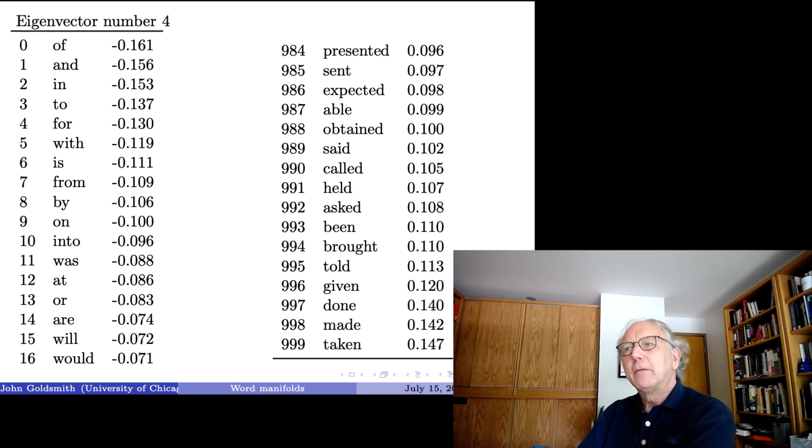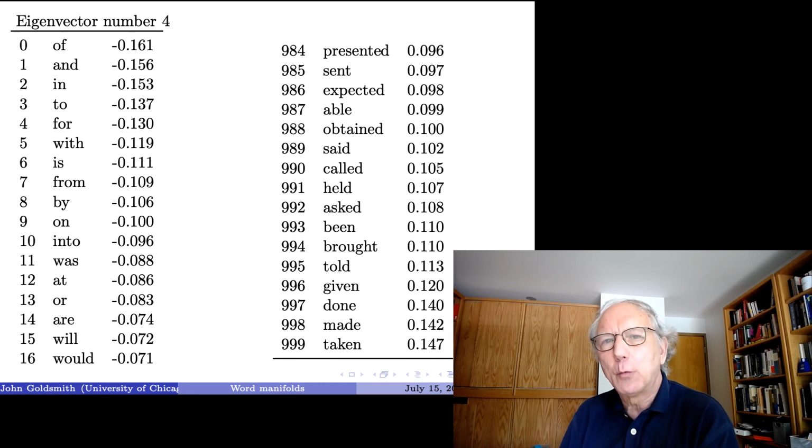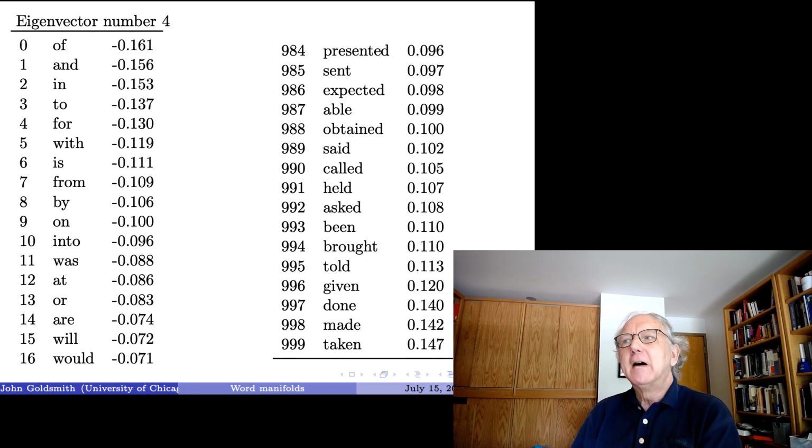Okay, so one of the problems that I started doing this to solve was, how do we find a way to automatically determine those words that syntactically have the same behavior as ed suffixes? And so here in eigenvector number 4, this decomposition is suggesting that it's going to pull these words together, give them similar coordinates, which is to say, put them close to one another in this embedding.